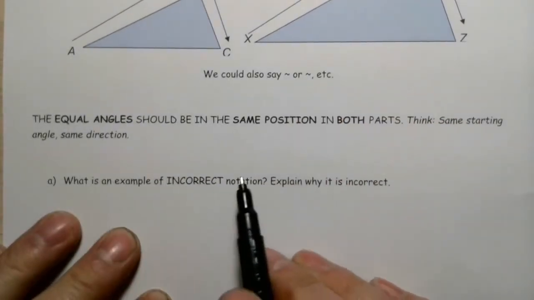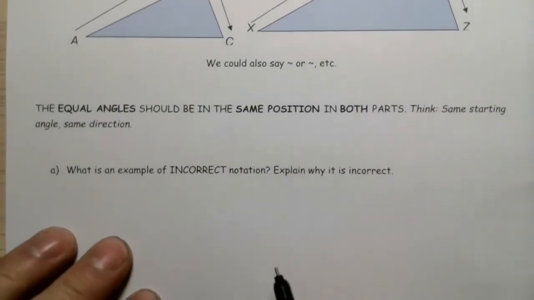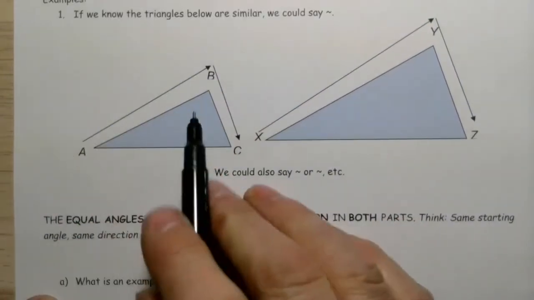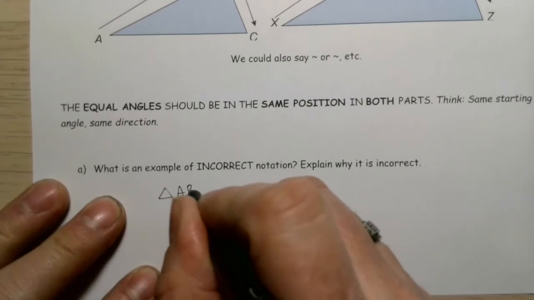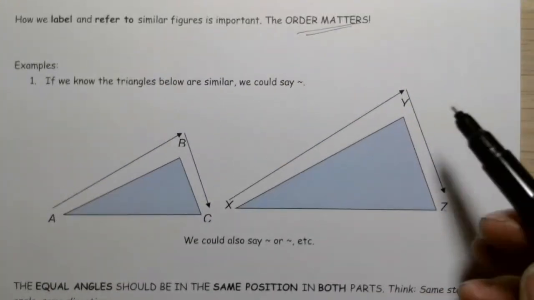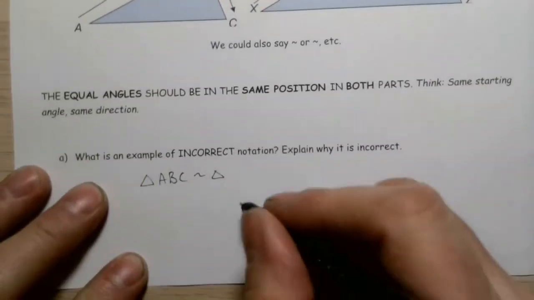What would be an example of an incorrect notation? Well, an incorrect notation might be if I said triangle ABC is similar to triangle, let's just start here, YZX.